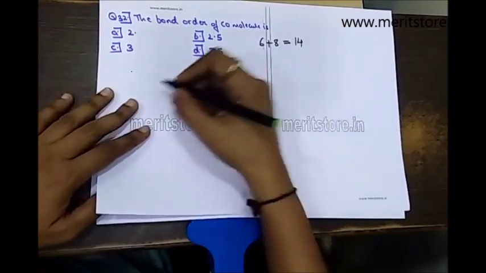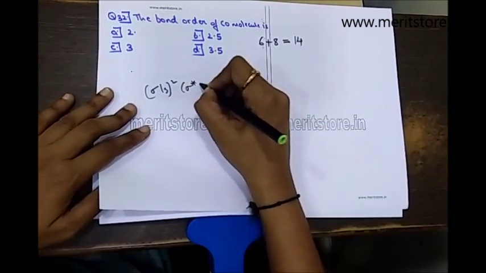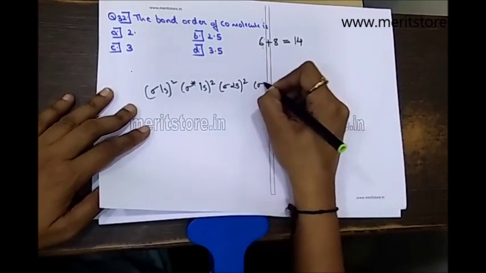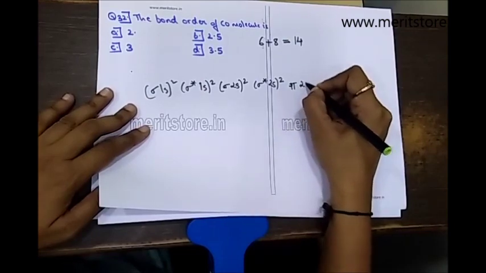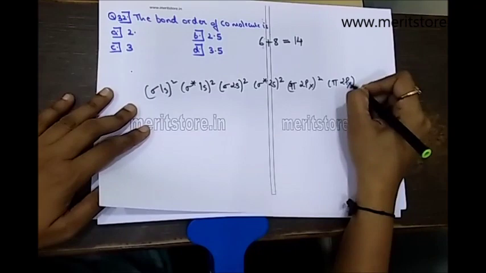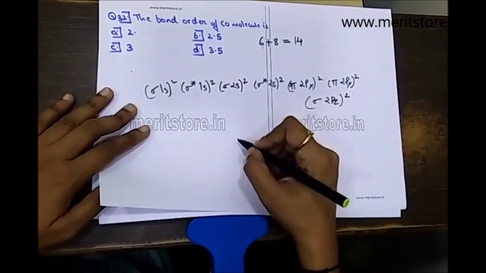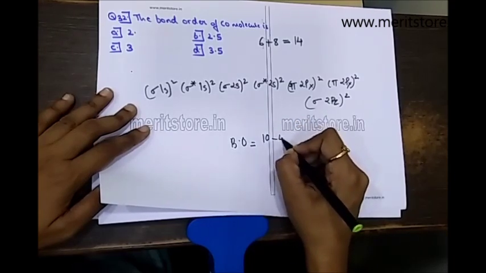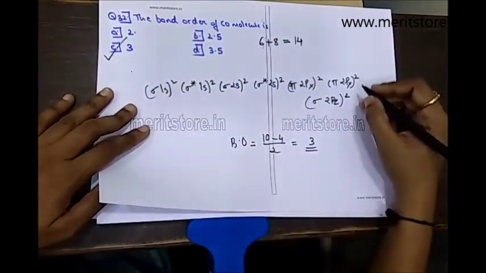So if we write the electronic configuration for this, it is sigma 1s2, sigma star 1s2, sigma 2s2, sigma star 2s2, pi 2px2, pi 2py2, sigma 2pz2. So when I calculate the bond order, there are 10 bonding electrons minus 4 antibonding divided by 2, that will equal 3. Hence our option is C.